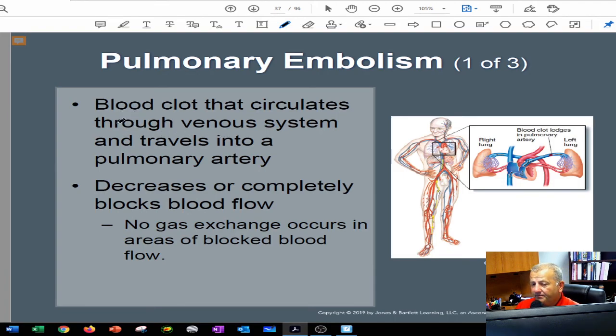Pulmonary embolism. This is when you get a blood clot, usually in the pulmonary artery. This blood clot is large and it doesn't allow blood around it to get to the alveoli to have that gas exchange.